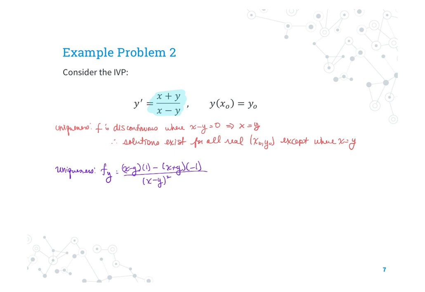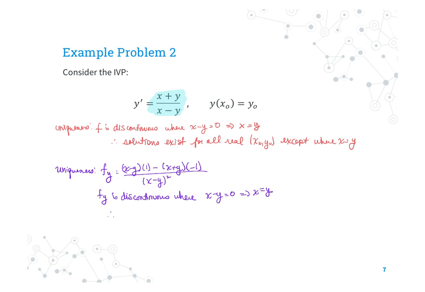So we find that our denominator, (x − y) squared, has the same discontinuity as before. So here, f sub y is discontinuous where x − y equals 0 again, which also implies x equals y.